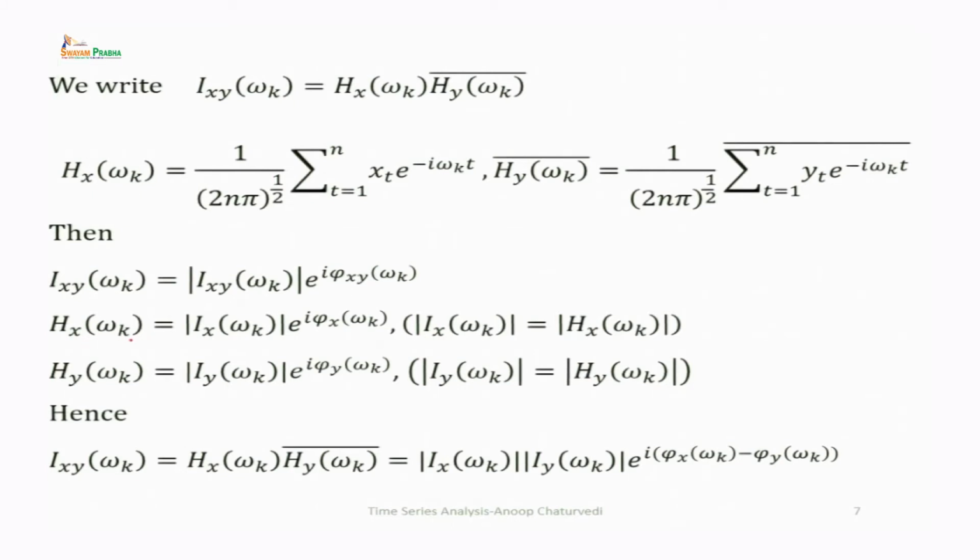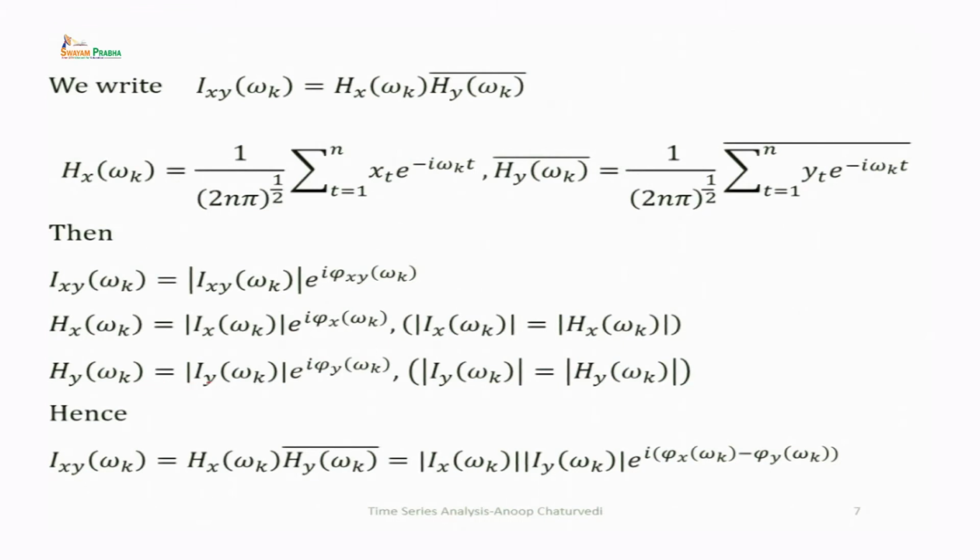And h_x(ω_k) is equal to |I_x(ω_k)| e^(iφ_x(ω_k)). Remember, |I_x(ω_k)| is equal to |h_x(ω_k)|. This you can easily verify from the expressions for I_x(ω_k) and h_x(ω_k). Both have the same mod value.